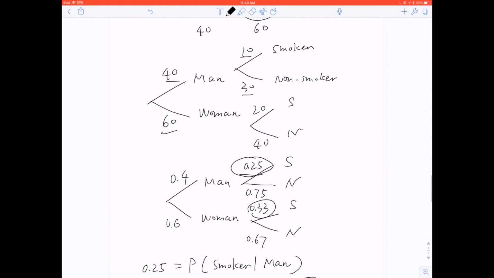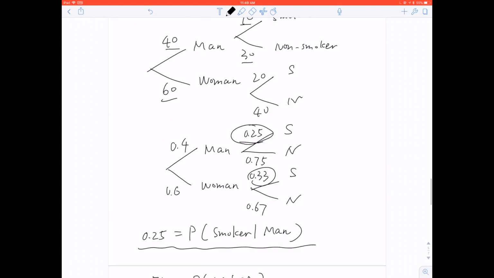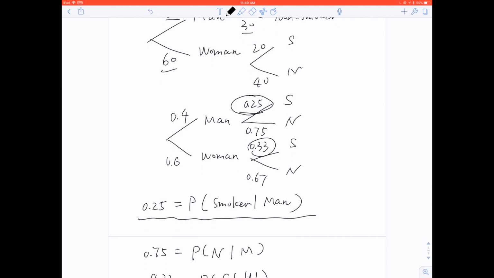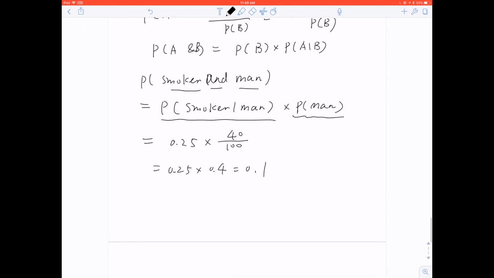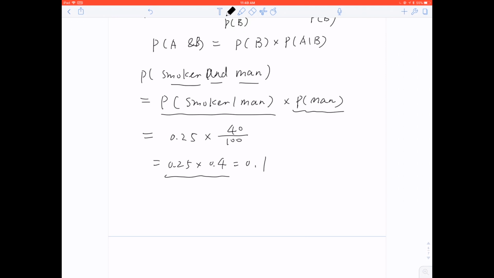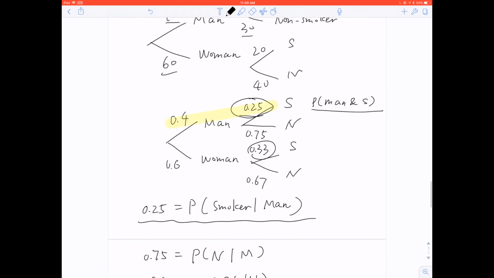In the tree diagram, I want to point out this. So if you have a tree diagram and you just multiply 0.4 by 0.25, this probability is the probability of being a man and a smoker. See, this is just what we've calculated, 0.25 multiplied by 0.4. In other words, if you are just multiplying probability along the tree line, you will get AND probability.